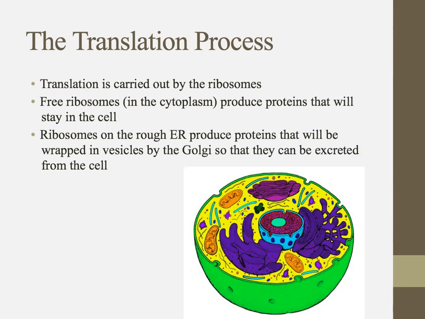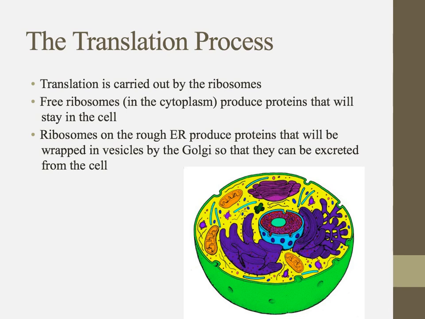And all of this is going to come into play in a process called translation. So again, translation is going to be carried out by the ribosomes, but we know that ribosomes can be found in 2 parts, either attached to the rough endoplasmic reticulum or free-floating out here in the cytoplasm. These free-floating ribosomes are for use when we want to synthesize a protein that's going to stay in the cell.